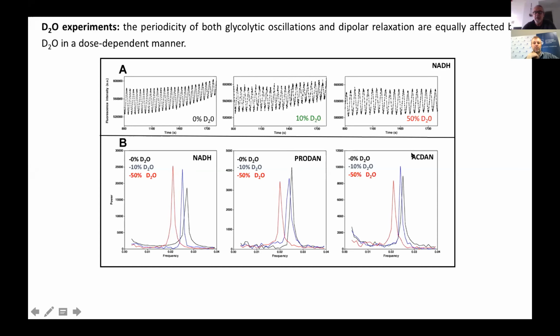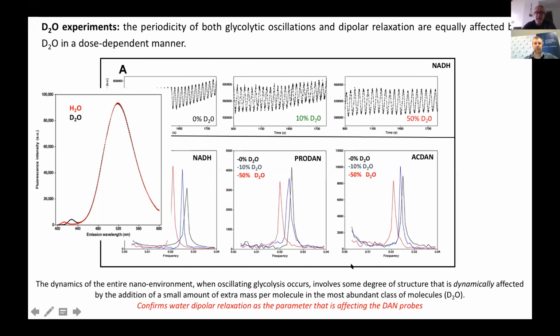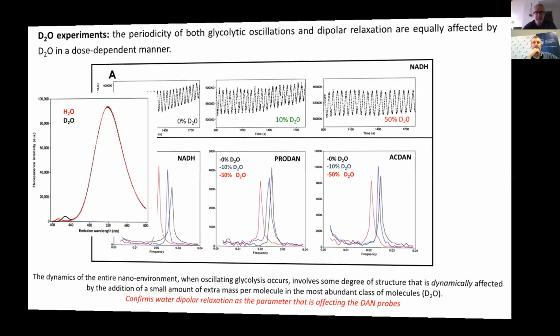So this gives you some sort of confidence, essentially, right? That the water dipolar relaxation is the parameter affecting this probe. You can see that if you put this probe in water or deuterium oxide, the spectra is the same. So this has nothing to do with the fluorescence of the probe. It's more to do with the dynamics of the system.